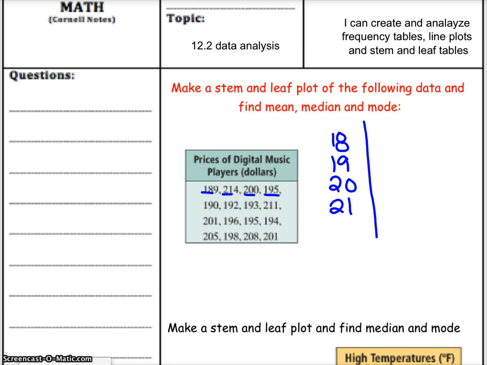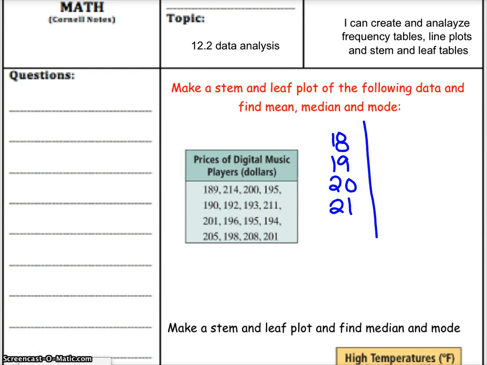So what my stem is really representing, this is going to be in the 180s. This row is going to be in the 190s. This row is going to be my 200s. That last row is my 210s. That's what that's representing. Now I got to figure out what to put there.